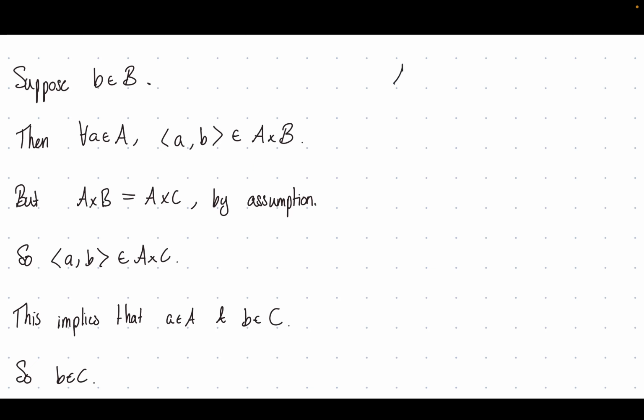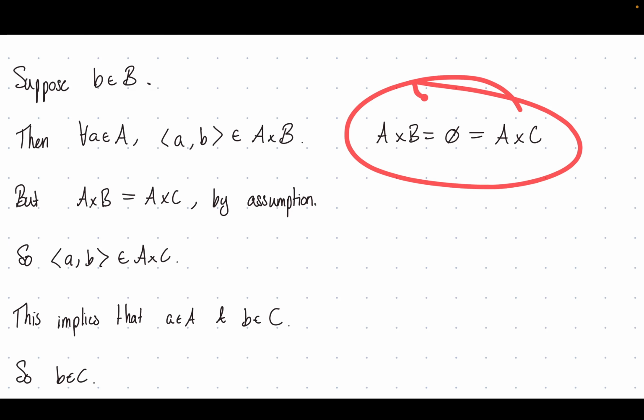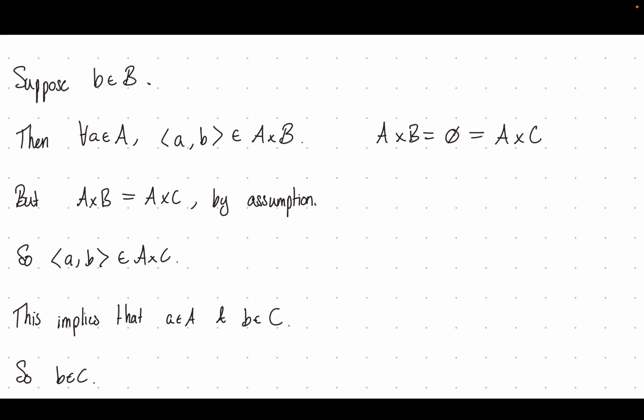Now note that if A is equal to the empty set, then A cross B is equal to the empty set, which is also equal to A cross C. So there's some level of vacuity, and I think this is exactly the case that Enderton was shielding himself from when saying that A has to be different from the empty set.